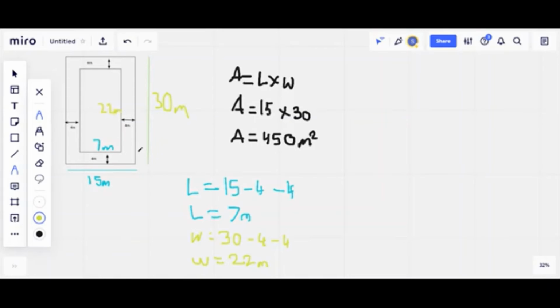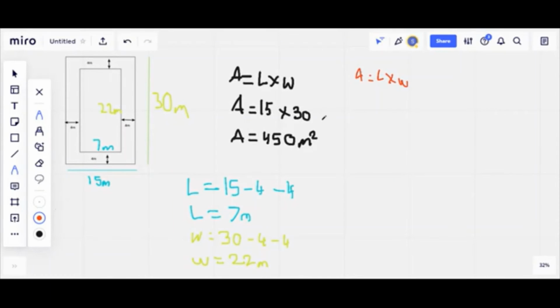So I've used the same colors for the same side lengths. So we get our length by our width. So we use the same formula here to find this area. So let's do that in different colors, like the smaller one red. So area equals length multiplied by width.